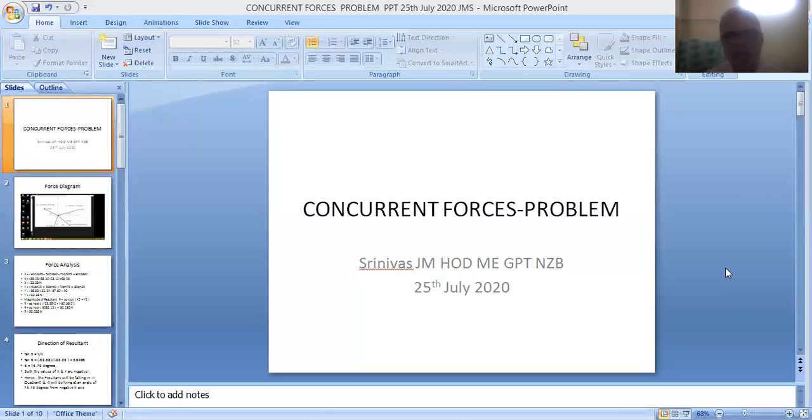So finally, unless you apply a force, the resting body will not come into motion. And unless you apply a force on a moving body, it will not come to rest position.